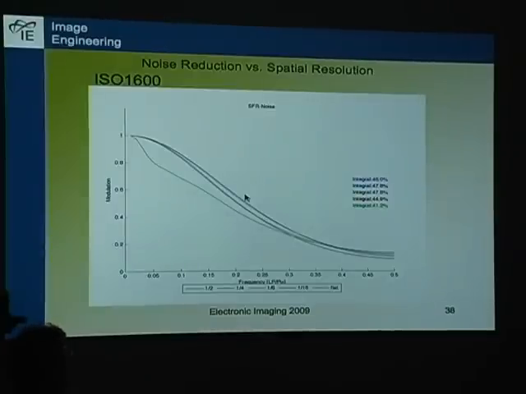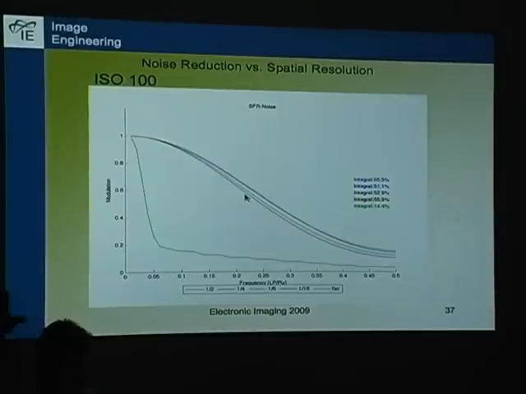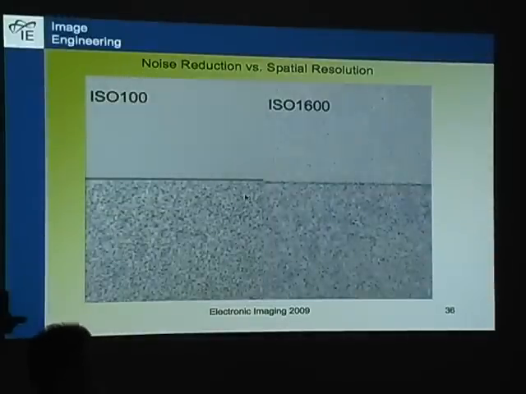But we had a problem. We did that experiment on a bunch of different cameras and found that there are some cameras that introduce artifacts. You can see it here already in a way.